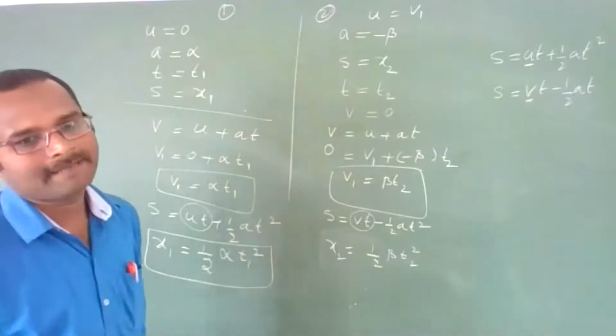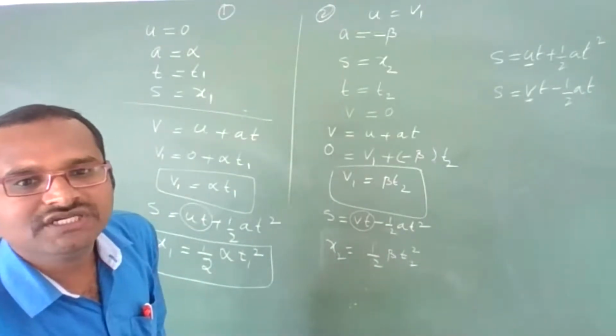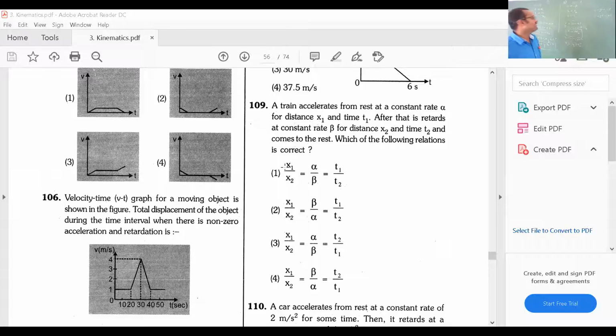Now let us check the four options. They have given x1 by x2. What is x1 by x2? x1 is half alpha t1 square upon x2, which is half beta t2 square.